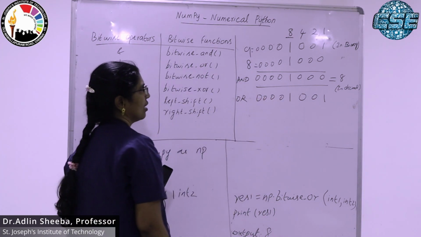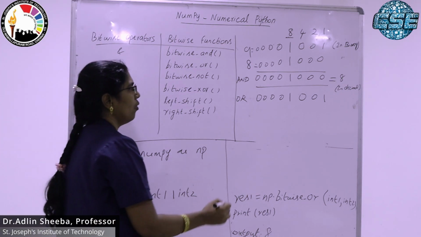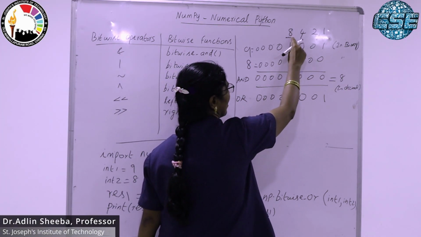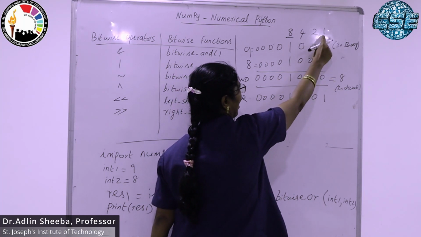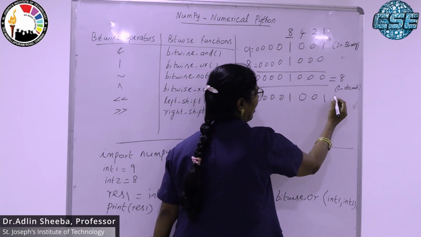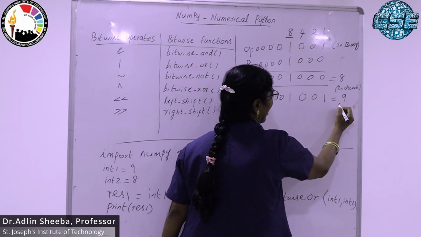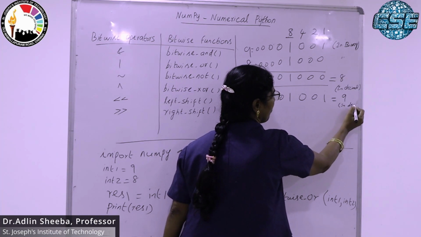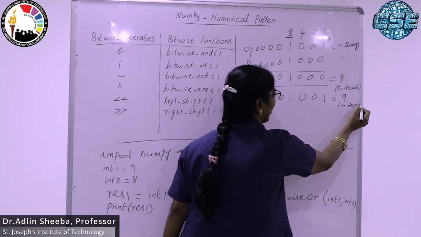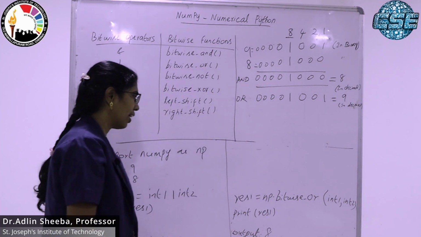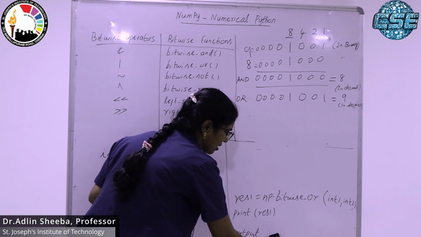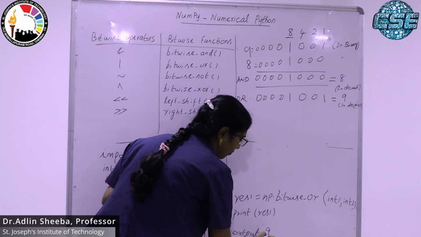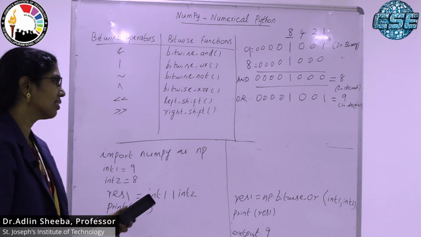Now if we take the positions, here we have the value 8, and here the value 1, so 8 plus 1 is 9 in decimal. So the output of bitwise OR is 9 here.